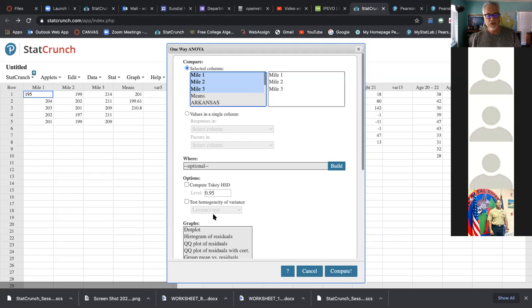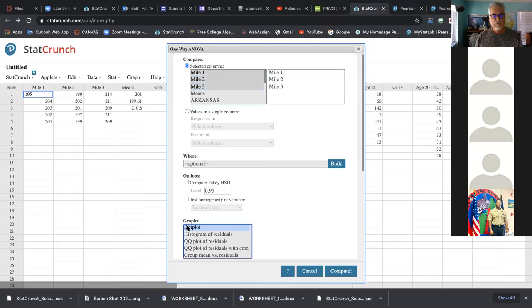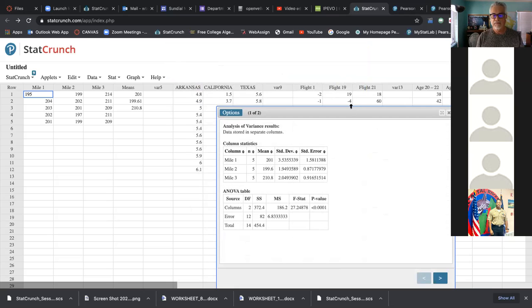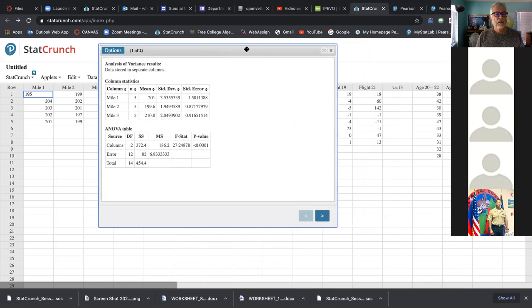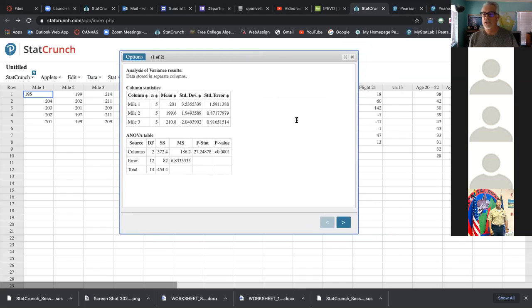And I also wanted to show you the dot plot. I didn't put it in the solution set for this problem here, but let's look at the dot plot as well. Okay, so here's our result, and I copied and pasted this result into my document, just as you see it here.